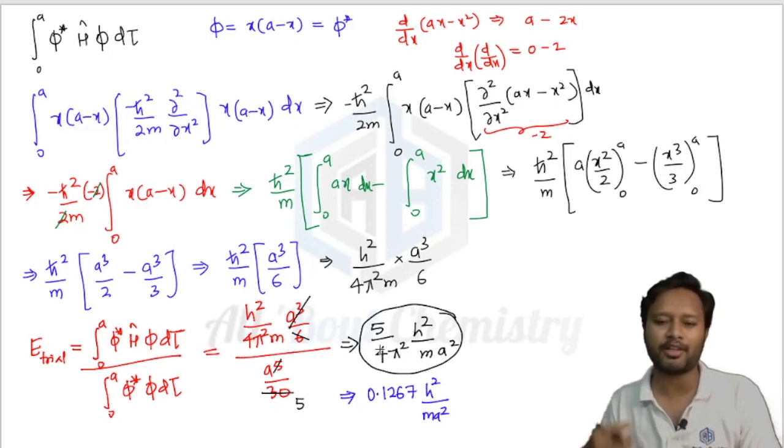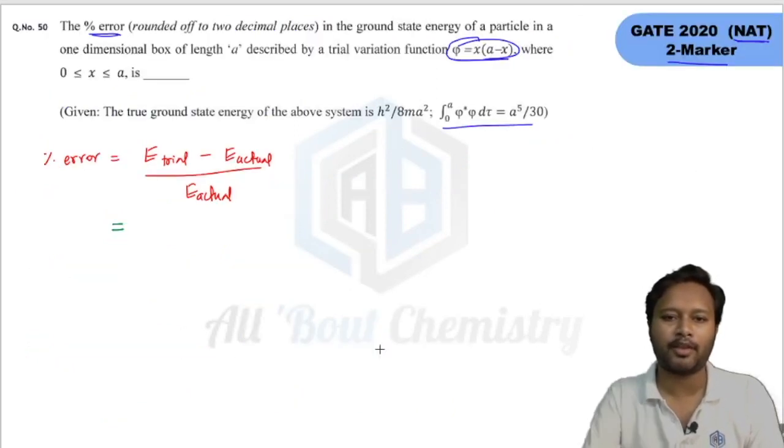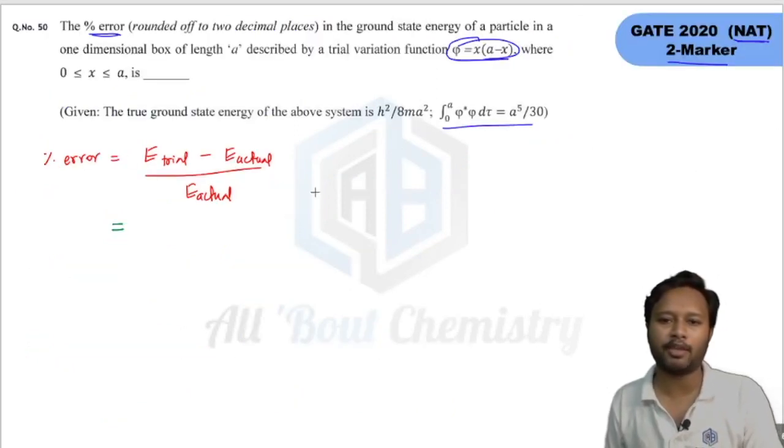These were all constant values, so you can just use the calculator. So the E trial value is equal to 0.1267 h square upon m a square, and the value of E actual is 1 upon 8 h square upon m a square.